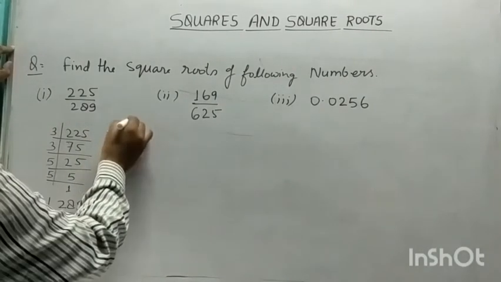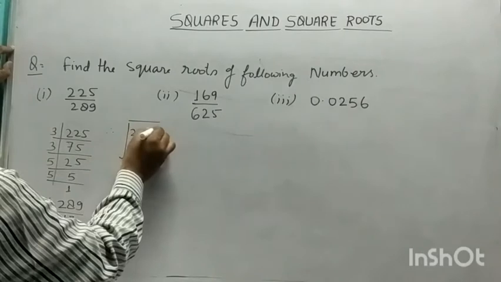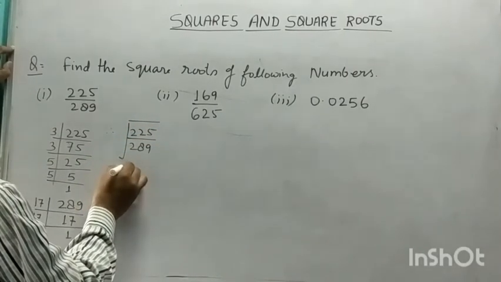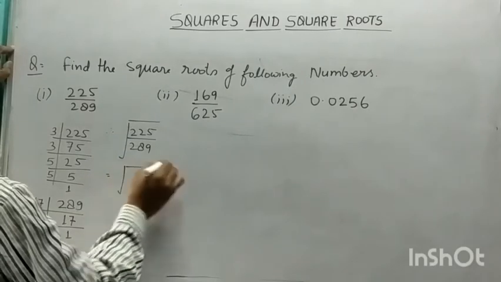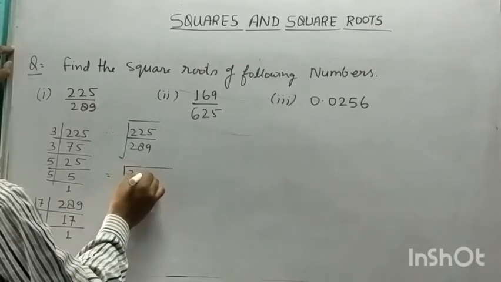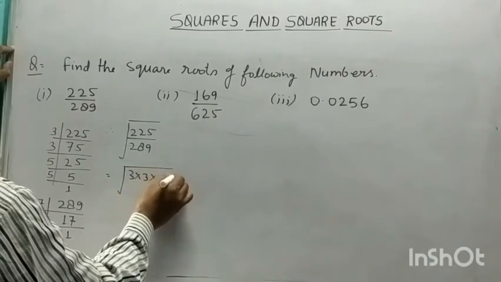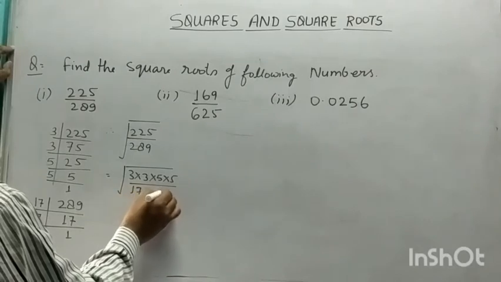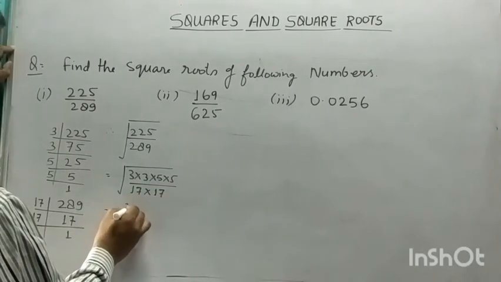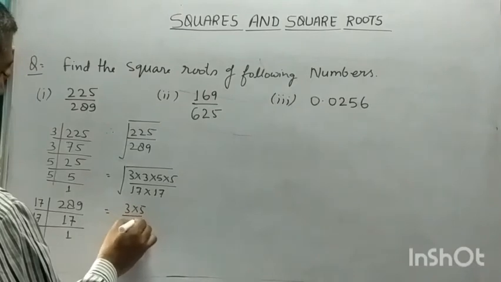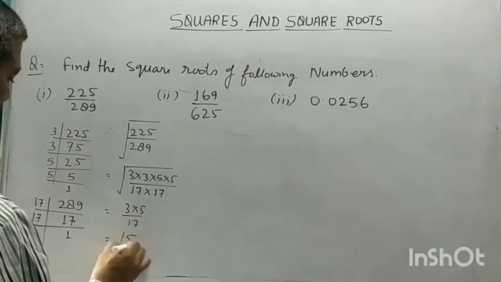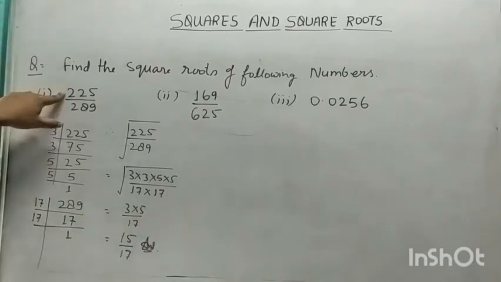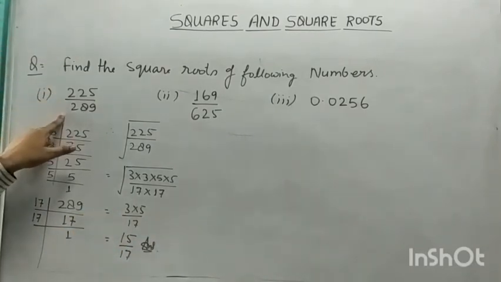Therefore, the square root of 225 upon 289 is equal to 3 multiply 3 multiply 5 multiply 5 upon 17 multiplied by 17, which is 3 multiplied by 5 upon 17. 5 3s are 15 upon 17 is the square root of 225 upon 289.